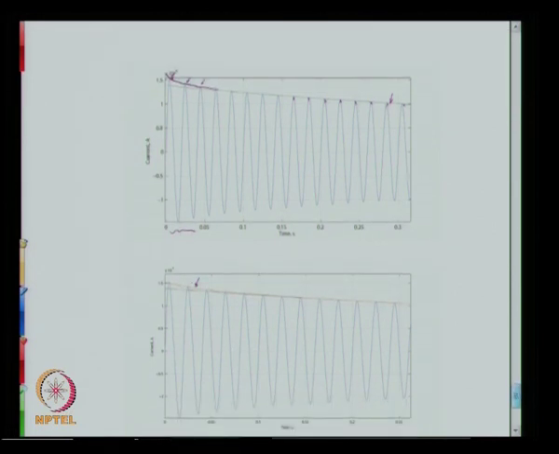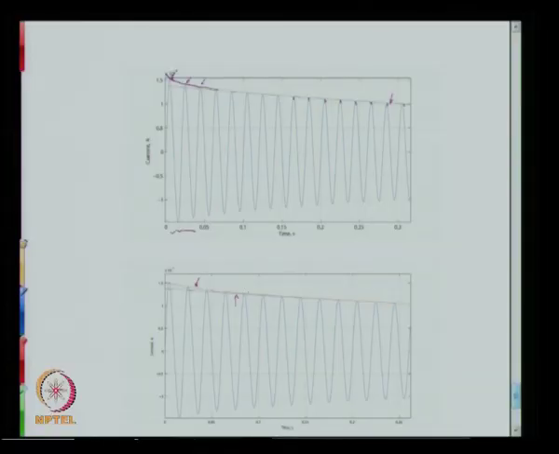This envelope, given by the red line, decays down and meets this green line somewhere there, which means the exponential decay of the T double dash D term, the term corresponding to the subtransient, decays down and becomes 0 at this instant of time.